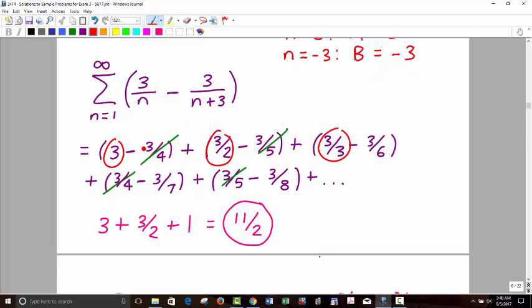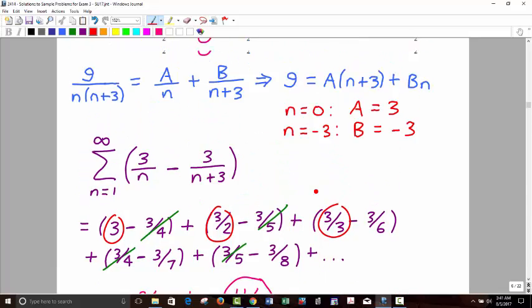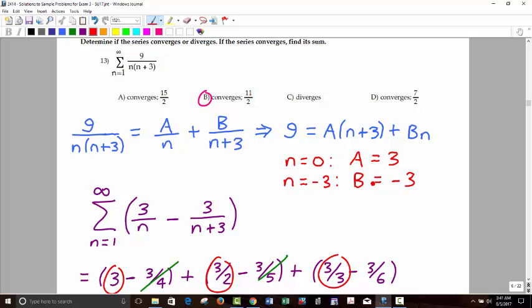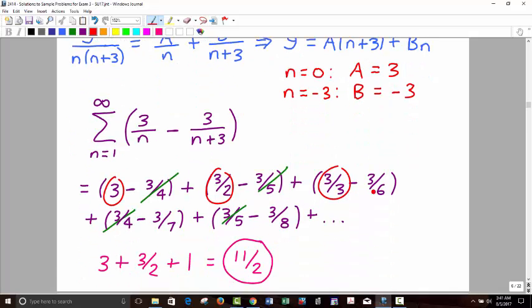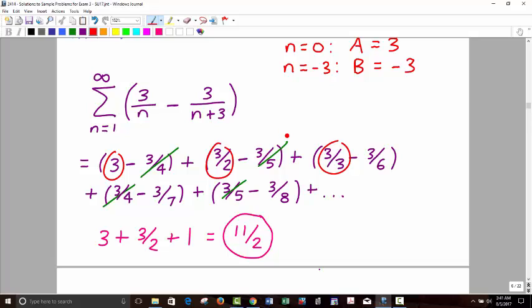But you can see that these 3 terms that I've circled are not going anywhere, while the rest of them will either cancel or fade away to 0. So all we have to do is add those 3 terms up. And it's 3 plus 3/2 plus 3 over 3, which is 1, and we get 11 over 2. There we go.